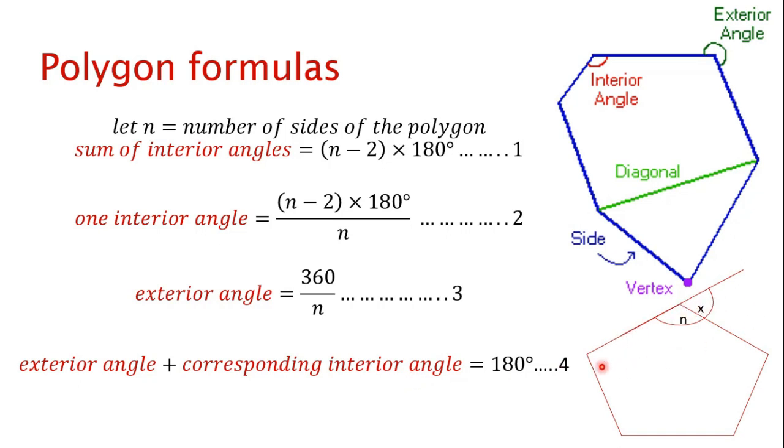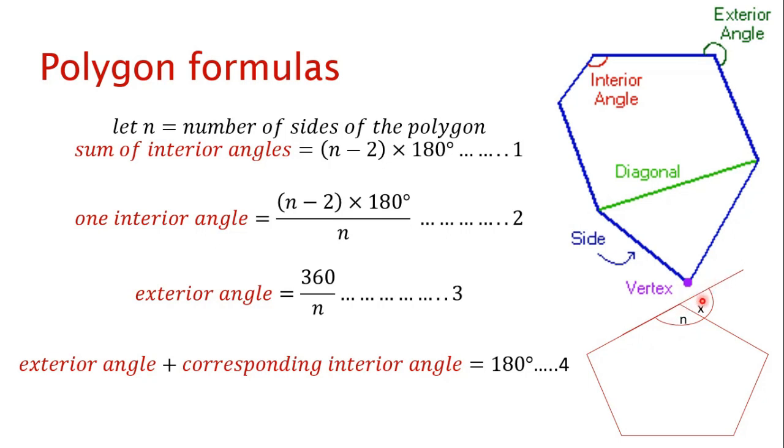This image best explains what we are talking about here. So this is a five-sided polygon known as a pentagon, and X here is an exterior angle, and here is an interior angle. You see that these two angles form on a straight line.